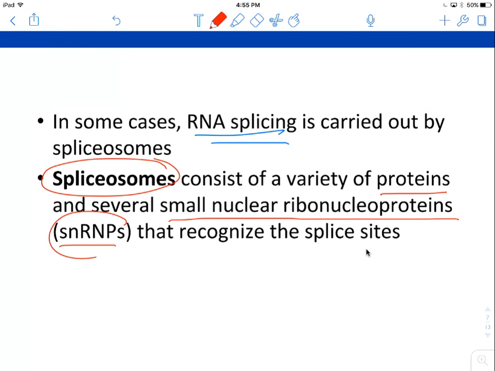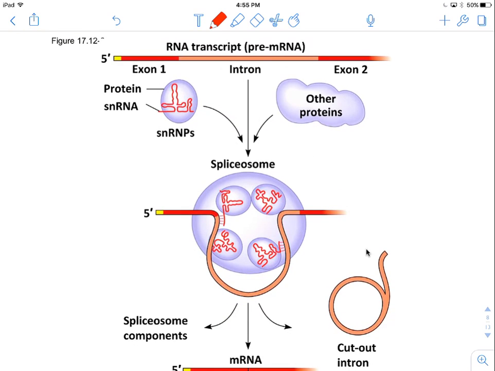And the SNRPs base pair with the splice sites and recognize the splice sites, so they guide the proteins that are going to cut the RNA to the right spots. So let's see how that works. So here we have my pre-mRNA up here, and we have our transcript. Here's the intron, change my color again, that I'm going to want to cut out. There it is. So I want to cut that out. So we take some SNRPs and some other proteins. These are enzymes and stuff.